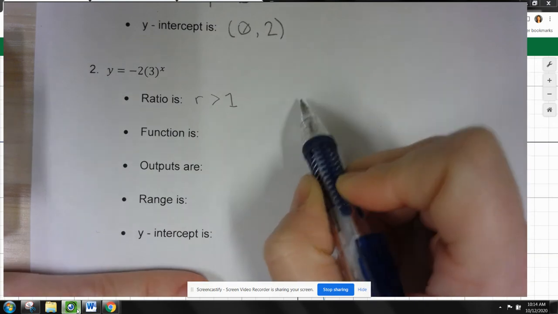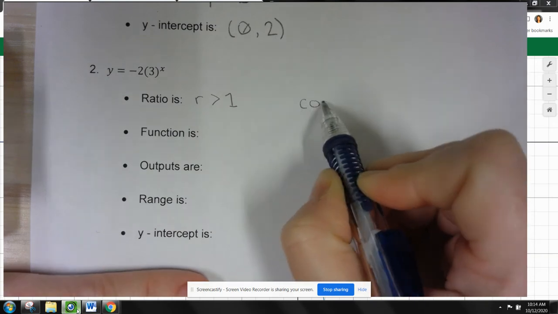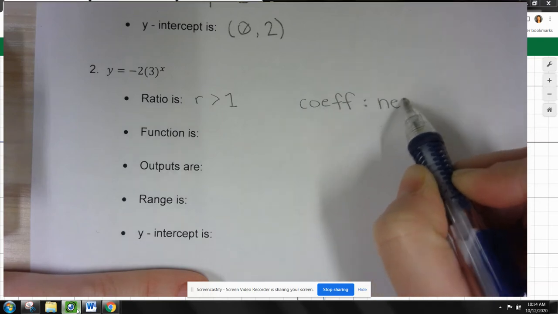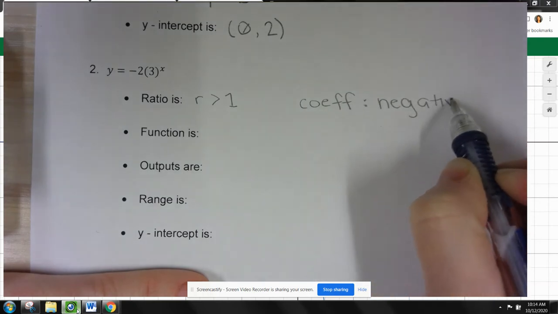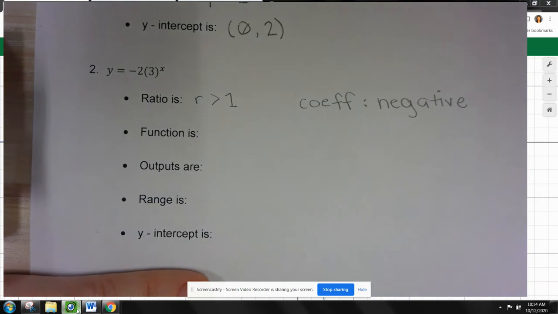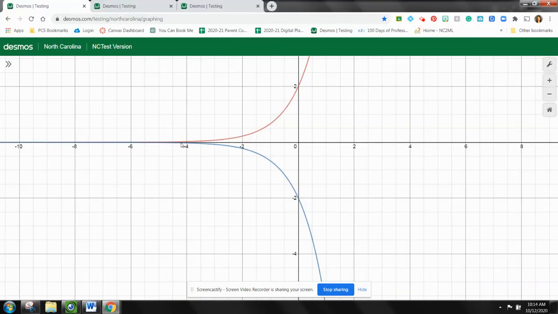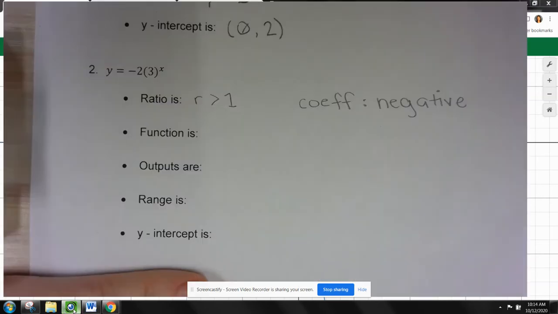Now my coefficient is negative. So my function is now, if I look at the blue one, it is now decreasing.